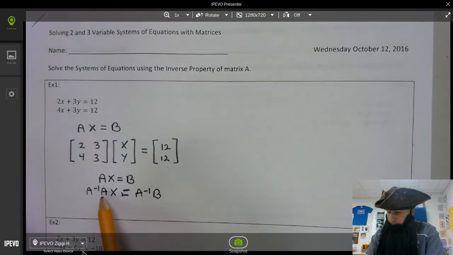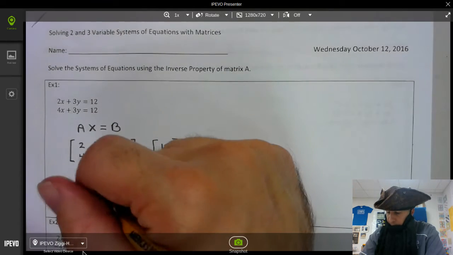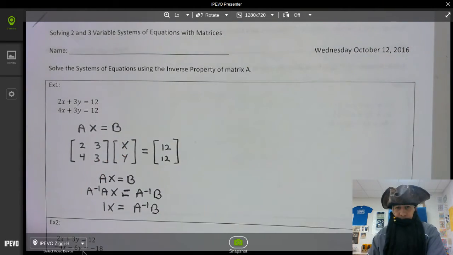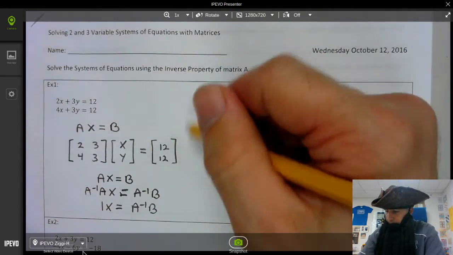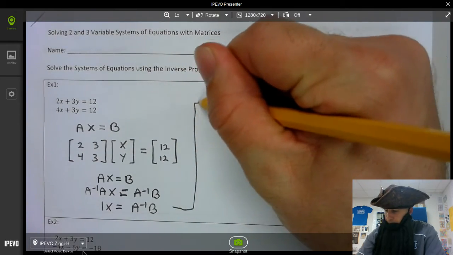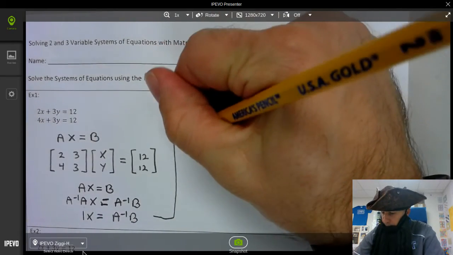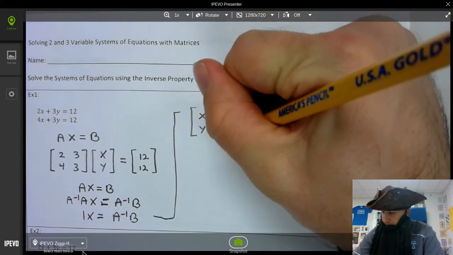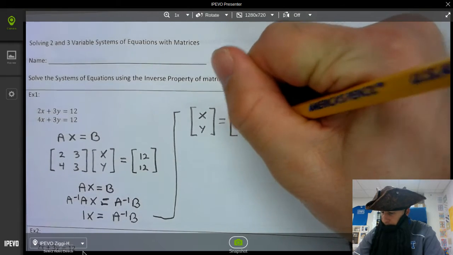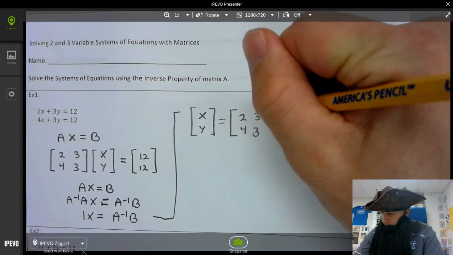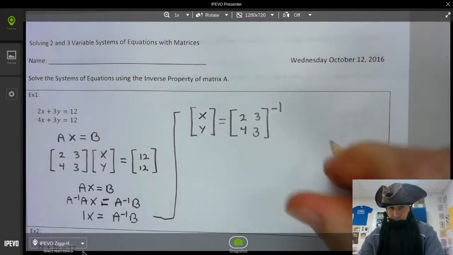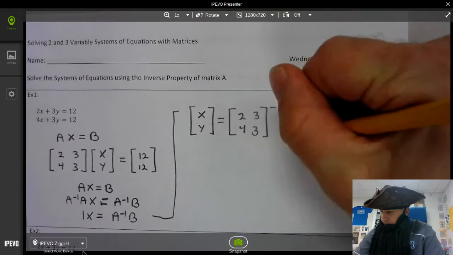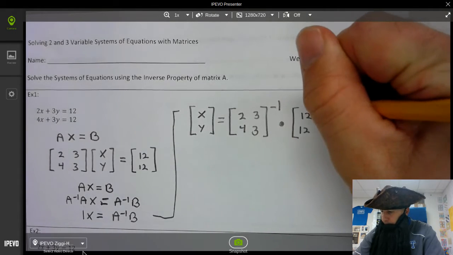So A inverse times A is 1, so you get 1x equals A inverse B. So to find X, so X, which is x, y, is equal to A inverse times B, which is 12, 12.